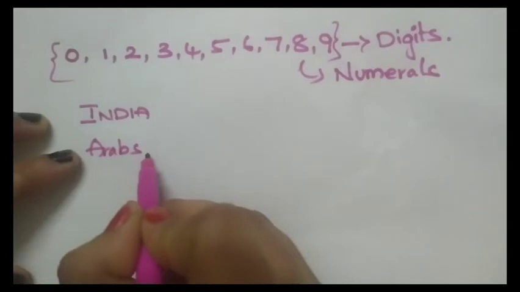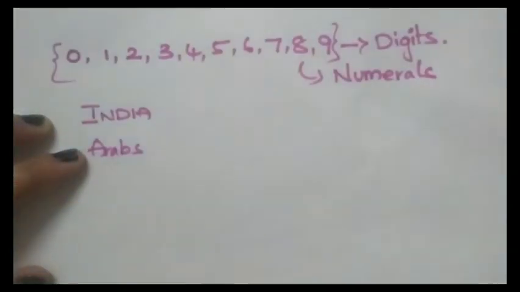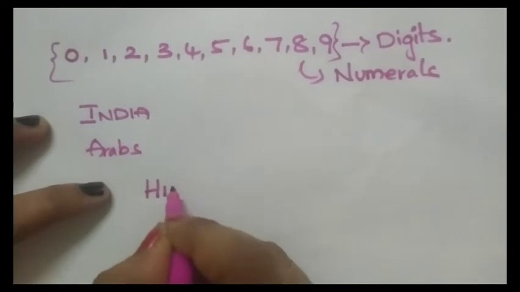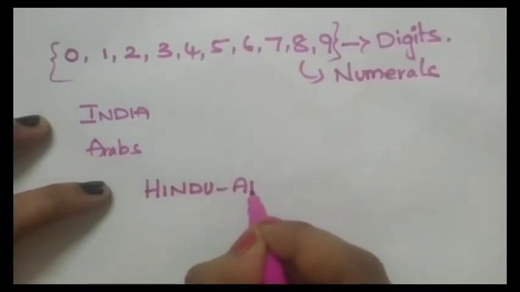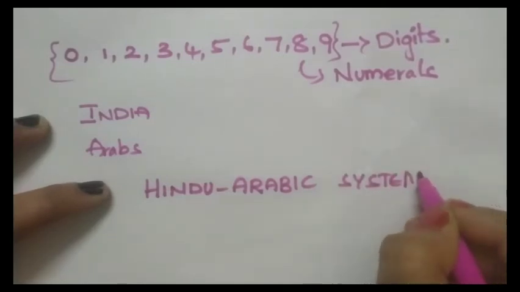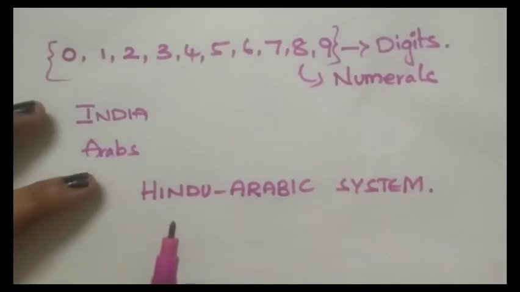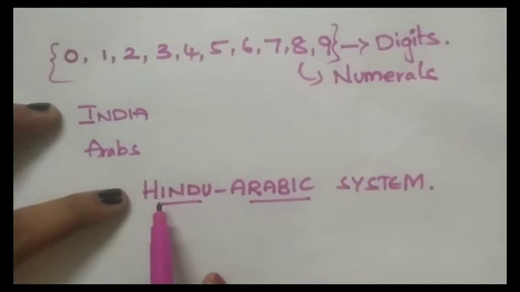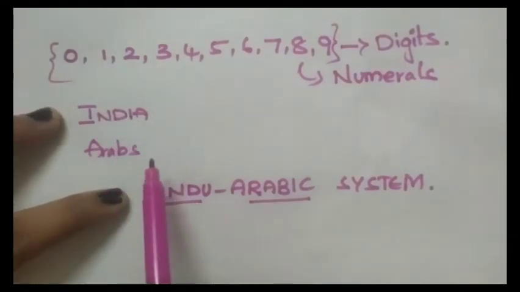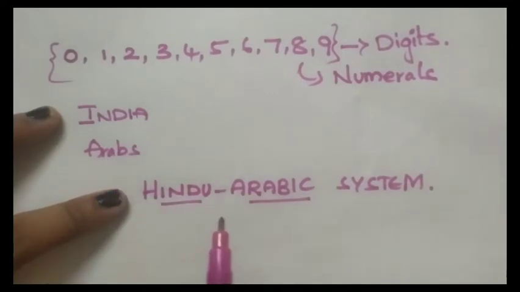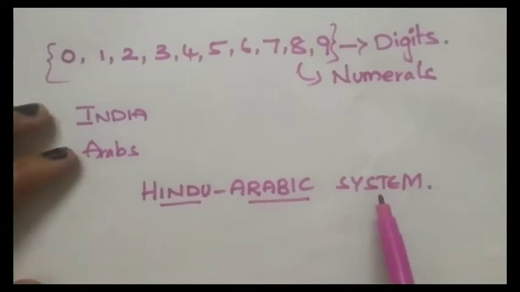So we call this system the Hindu Arabic system. Why do we call it Hindu Arabic? Because this system was invented in India and carried to other parts of the world by Arabic people.